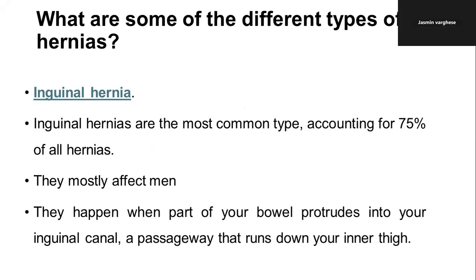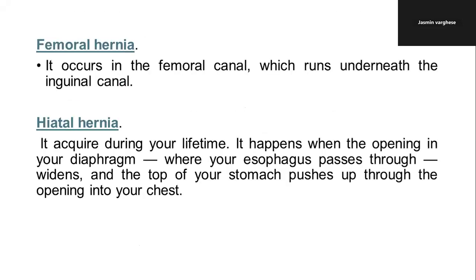There are different types of hernias. Inguinal hernias are the most common type, accounting for 75% of all hernias. They mostly affect men. They happen when part of your bowel protrudes into your inguinal canal, the passageway that runs down your inner thigh.